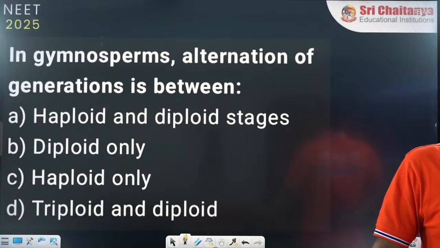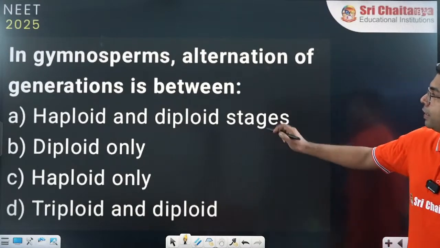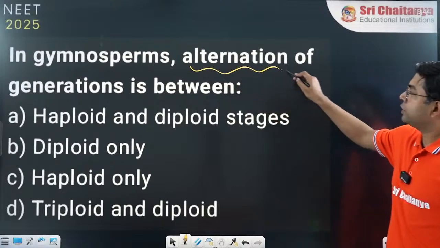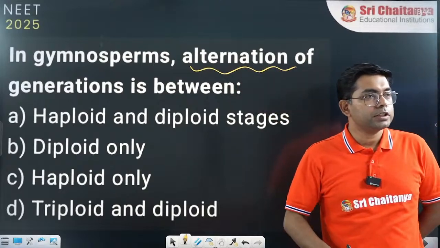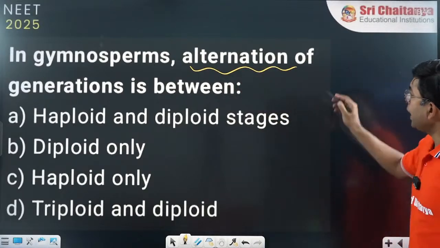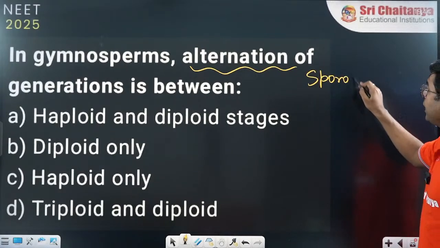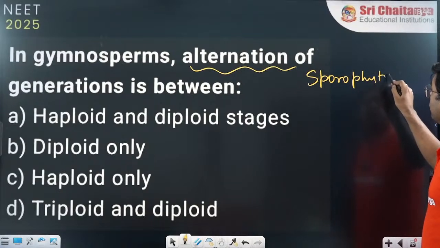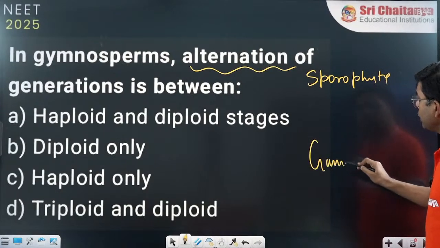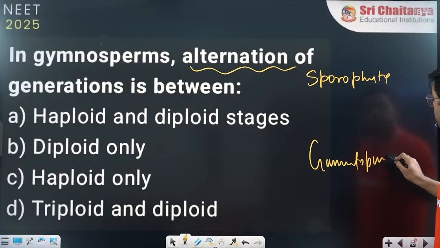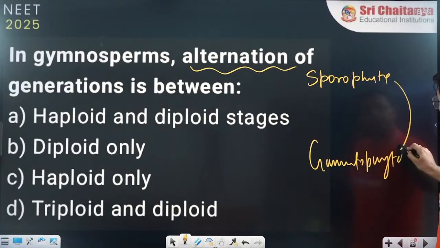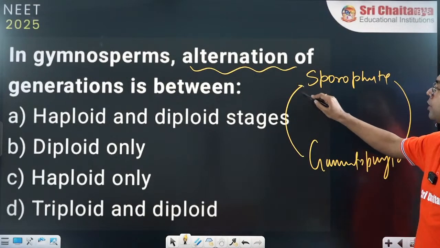Okay, fine. So see here, alternation of generation. What is alternation of generation? I have told you that alternation of generation means sporophyte gets converted into gametophyte, and gametophyte becomes sporophyte.